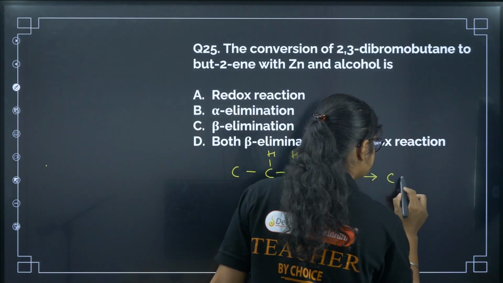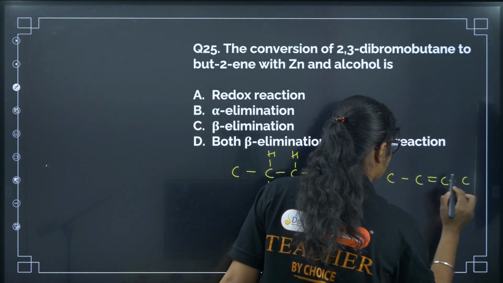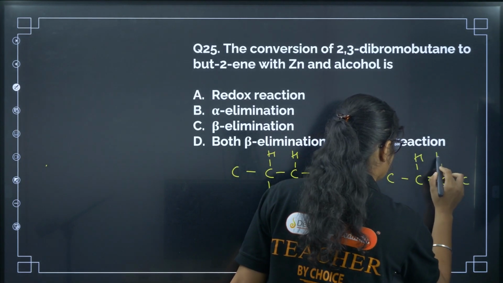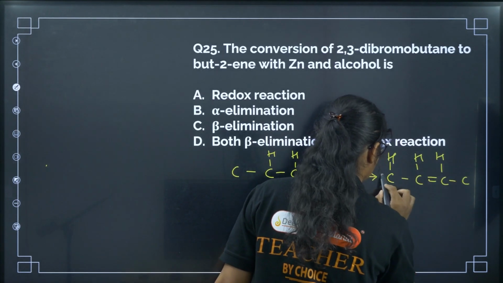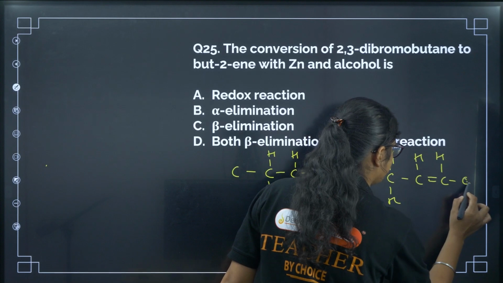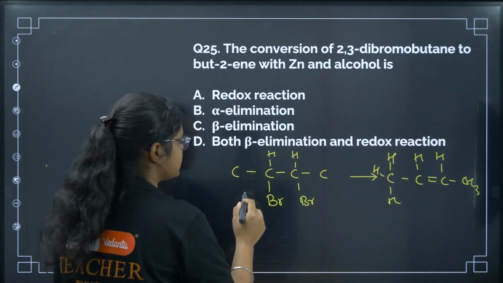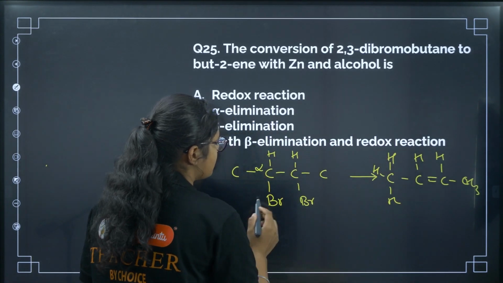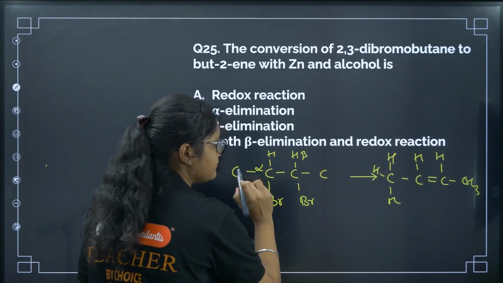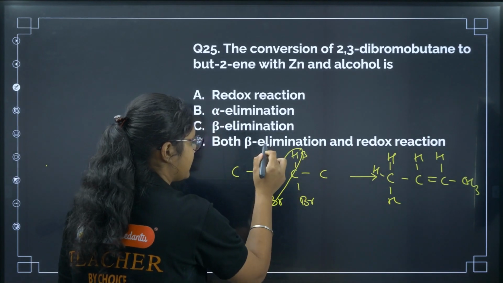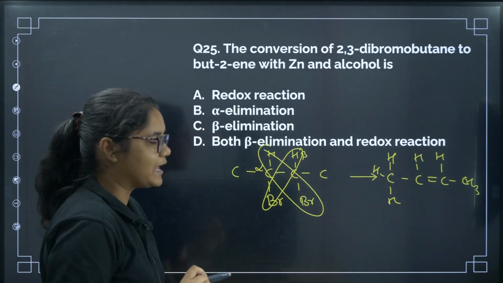Now if you see here, first of all, this is the alpha carbon, so you'll have your beta hydrogen here. So HBr is removed from here and HBr is removed here. So that is your beta elimination.